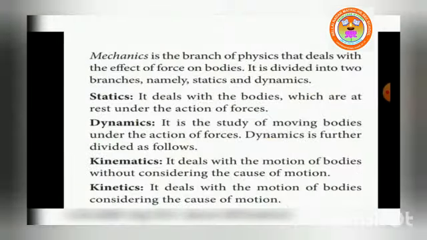Let us see what is statics, dynamics, kinematics and kinetics. What is statics? It deals with the bodies which are at rest under the action of forces. So easily we can understand that an object not in motion is called statics.